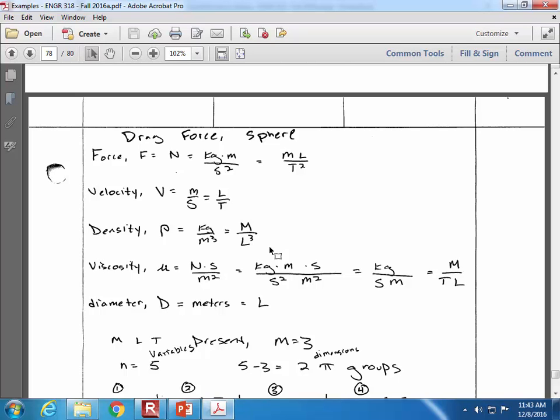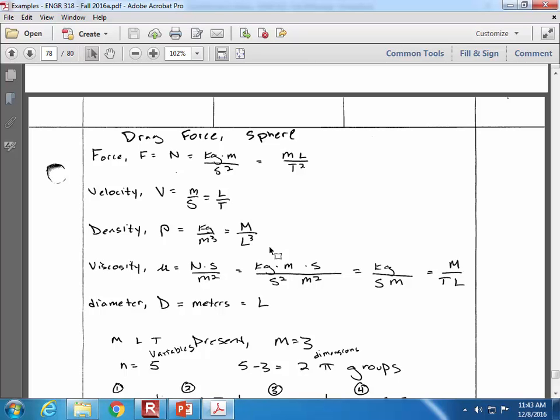So these are the dimensions I'm going to put in the table over here, just the combinations of M, L, and T. Okay, so force, when we did that work over on the other panel, it was mass, length divided by time squared. Velocity was length per time. Density was mass divided by length cubed.